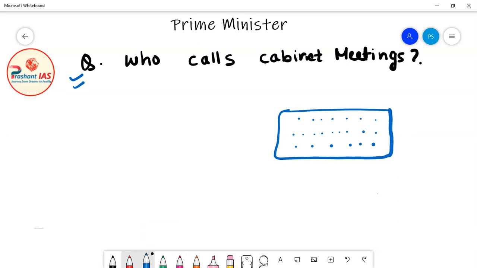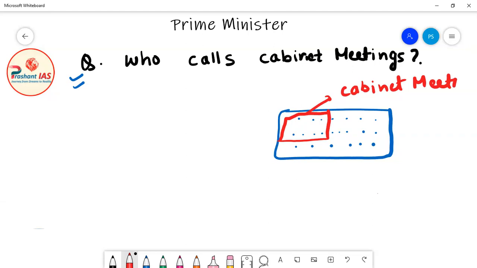So a compact and small body is chosen within the Council of Ministers, which is called the cabinet. This cabinet meets regularly, and the meeting of all the cabinet ministers is known as a cabinet meeting.